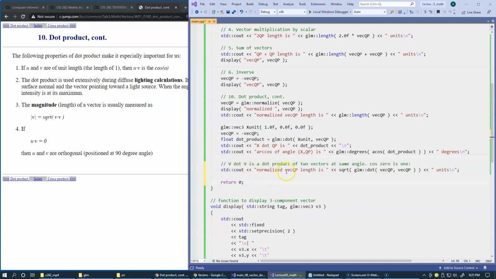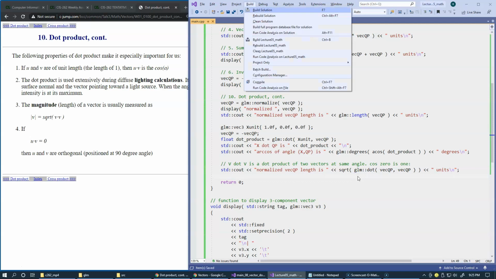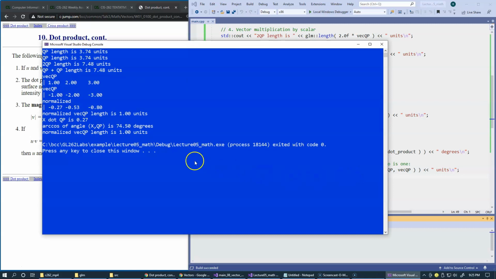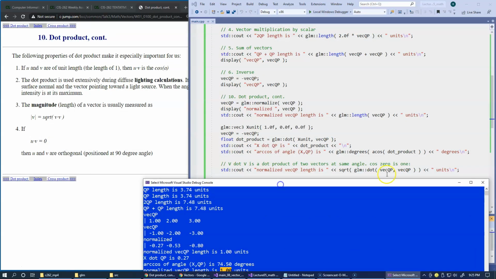So here we compute the dot product of the vector with itself and then the square root. Let's try this. Of course we should see a length of 1 unit, and so that's a way to compute the magnitude.